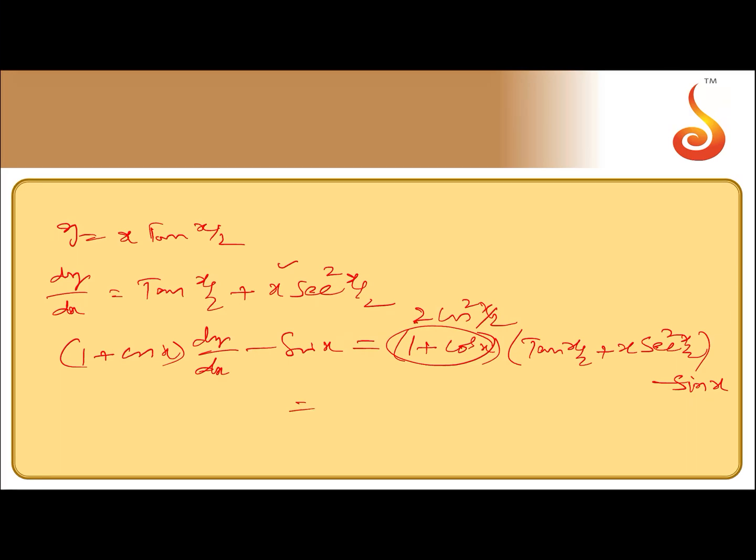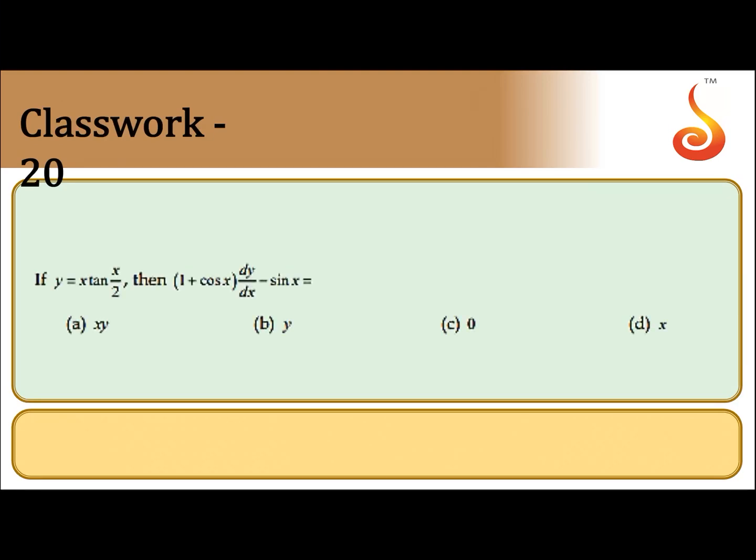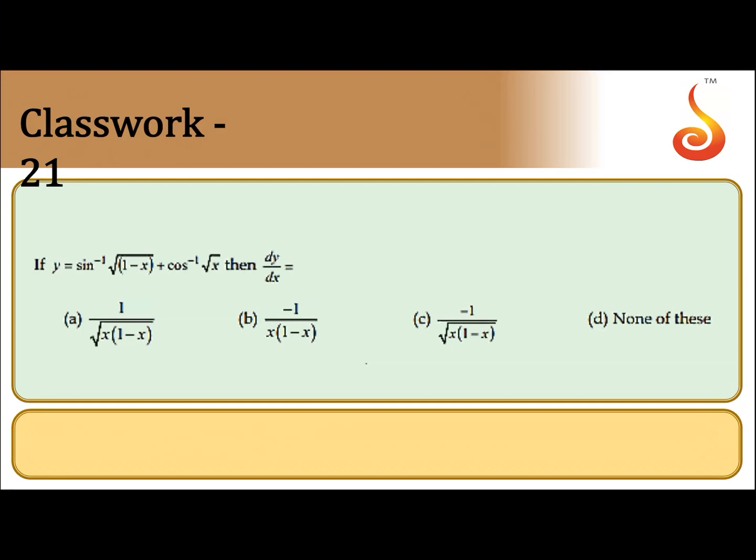So when you multiply here, you will get 2 times, the cos gets cancelled, and you will get sin x plus x multiplied by 2 times this one, you will get x itself. Yes, this 2 gets cancelled, and minus sin x. So the answer is x, because the derivative of sin square x by 2 is 1 by 2, so the 1 by 2 gets cancelled, and you get sin x. So the answer is x itself. So the answer is x, option D.